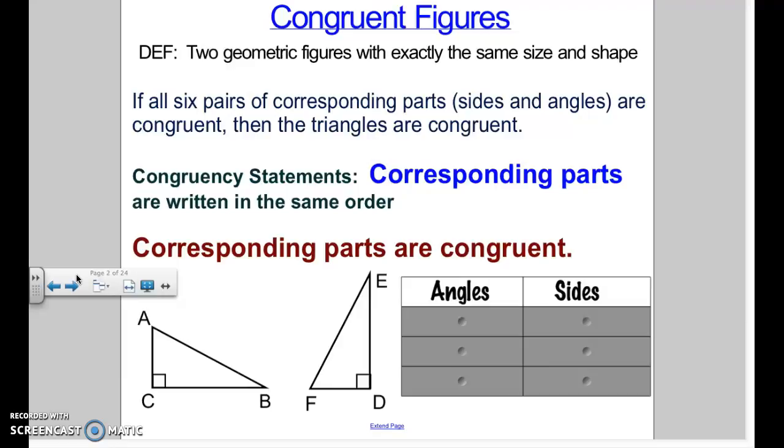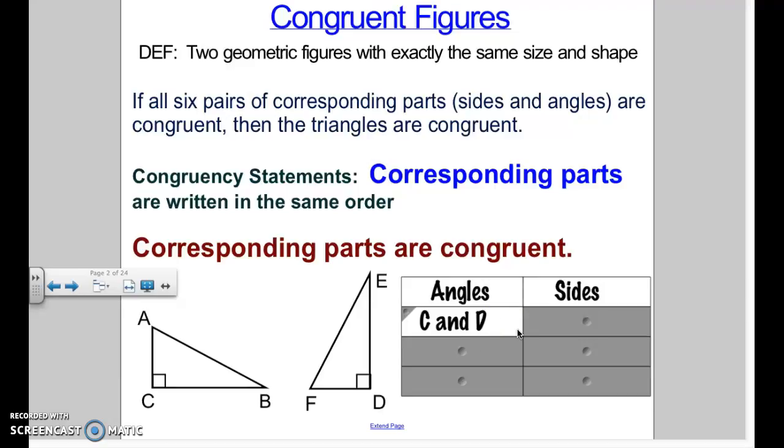For the angles, I would start with any angles that are marked the same measure, listed the same measure, or have a 90-degree angle. So obviously it's easy to see that angle C and angle D are the same. So C and D are going to be corresponding.